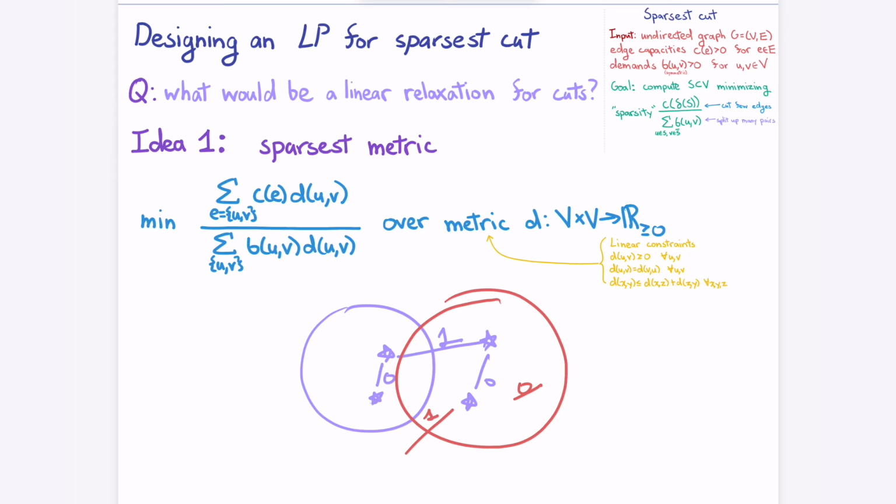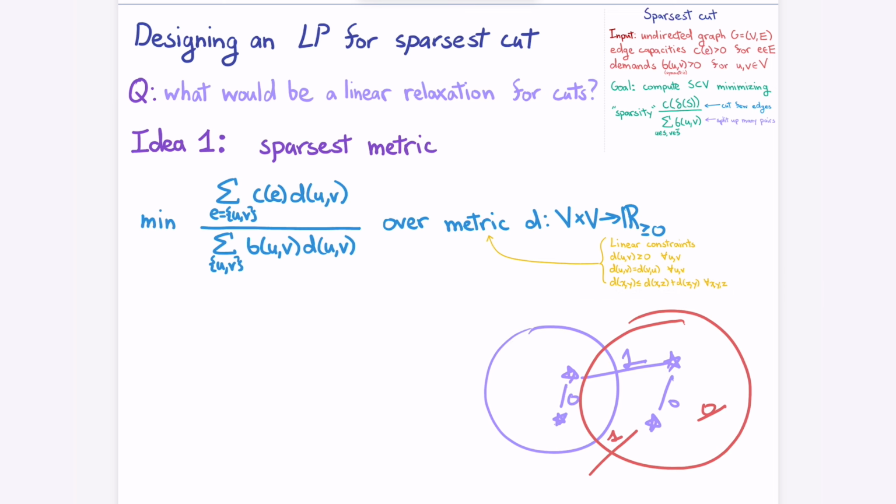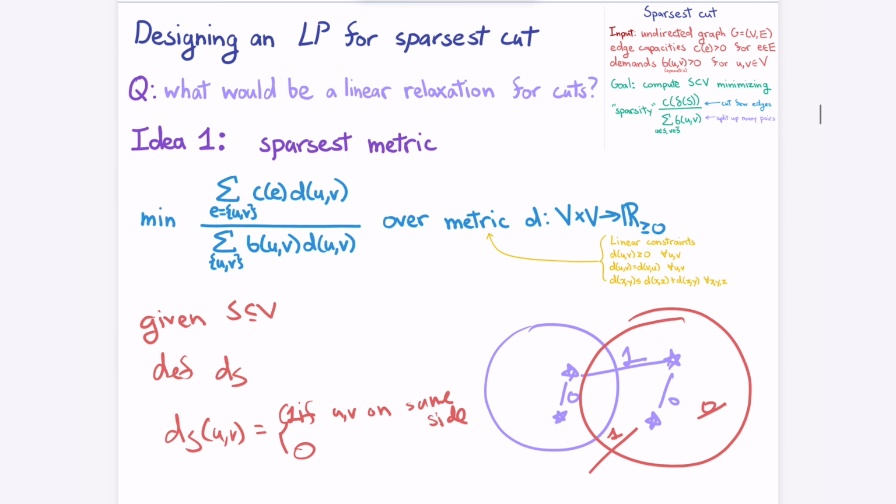Okay, so let me make this a little bit more clear. In other words, given some candidate solution S, because it needs to be a relaxation, given some set S, we can define a metric, I'll call it d_S, where d_S(u,v) is equal to 1 if u and v are on different sides of S, and 0 if they're on the same side.